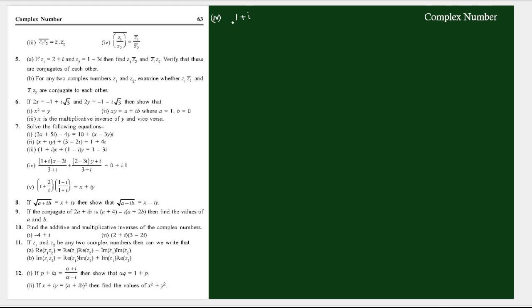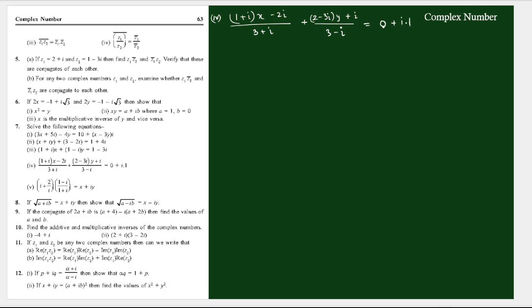One plus i, x minus 2i, 3 plus i. This is not x minus 2i, there is no bracket. x is multiplied with this 1 plus i, over 3 plus i, plus 2 minus 3i, which is multiplied with y, over 3 minus i, equals 0 plus i into 1.